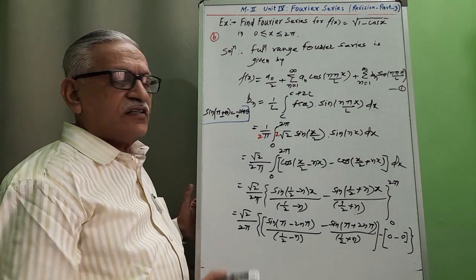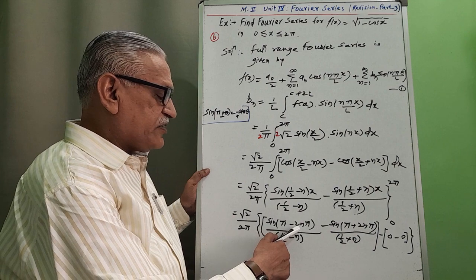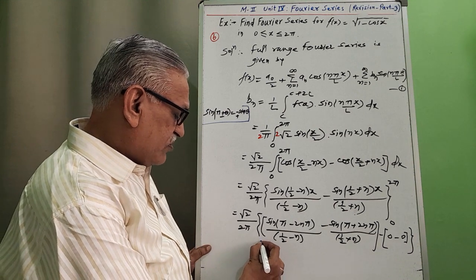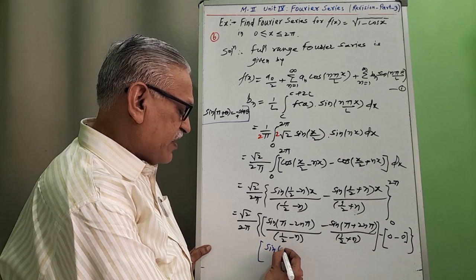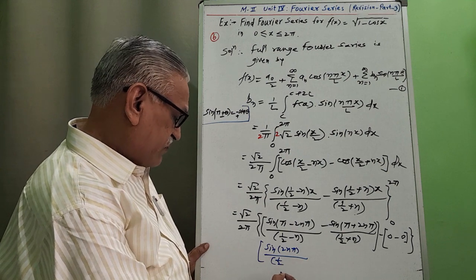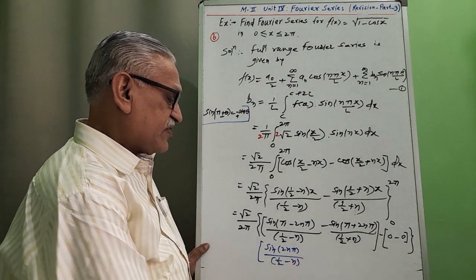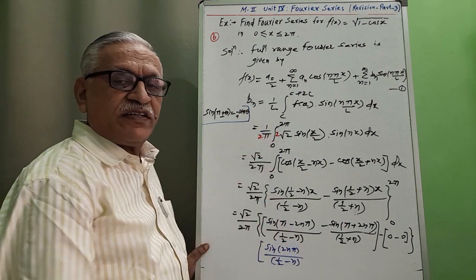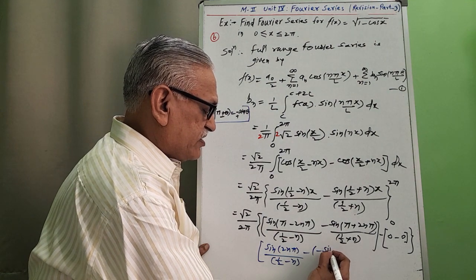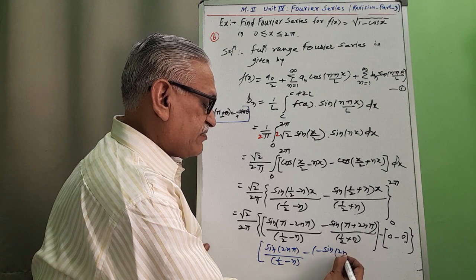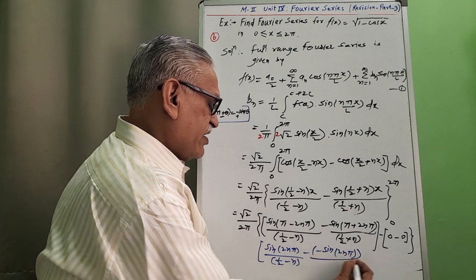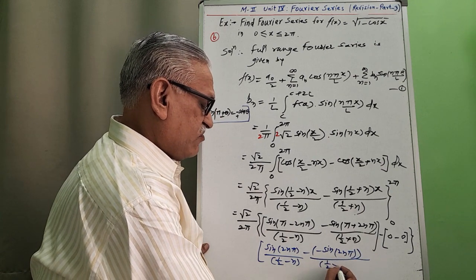Using this standard result from trigonometry, sine π minus θ becomes sine of θ, where θ is here 2nπ, divided by 1/2 minus n, and sine π plus θ is minus sine θ, therefore minus and again minus sine of θ, θ is 2nπ, whole divided by 1/2 plus n.